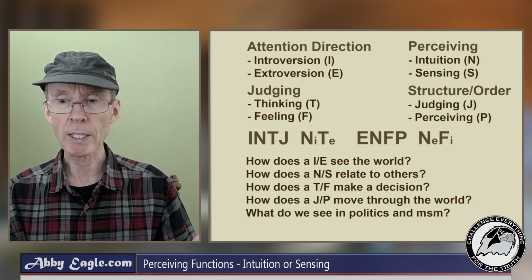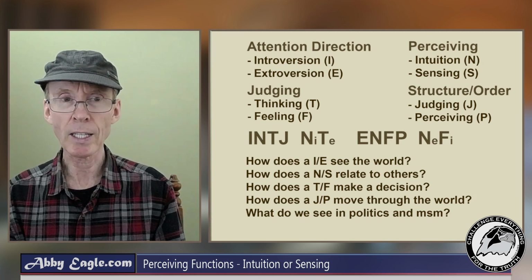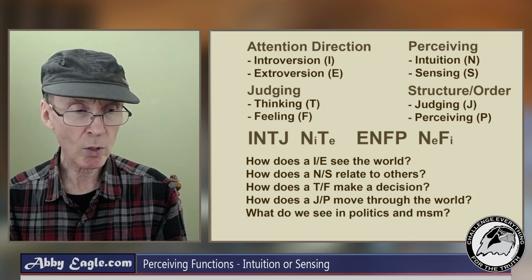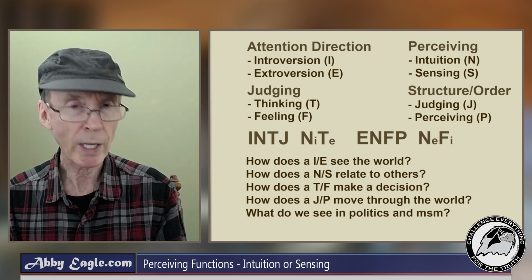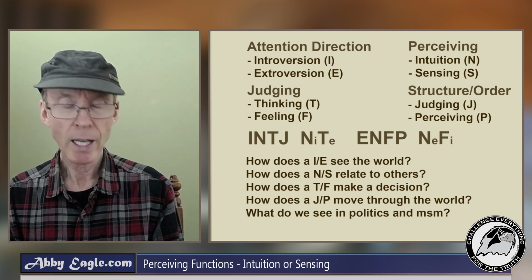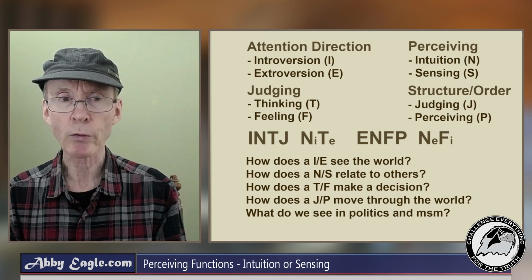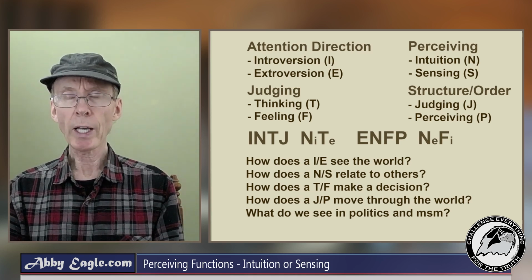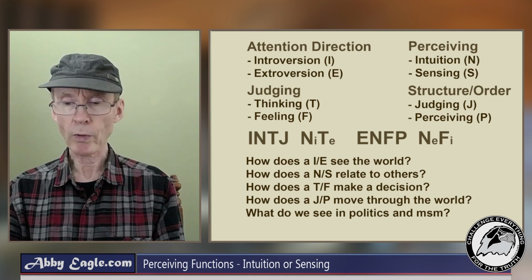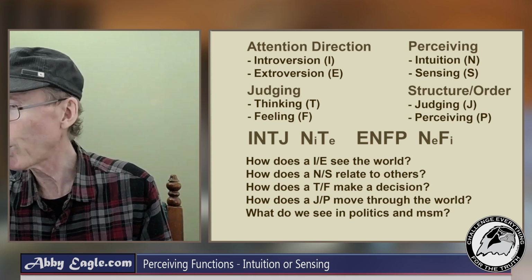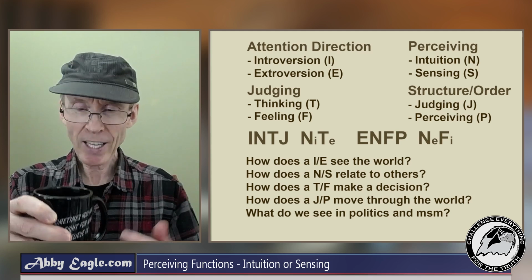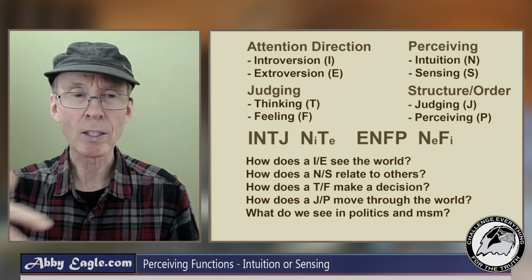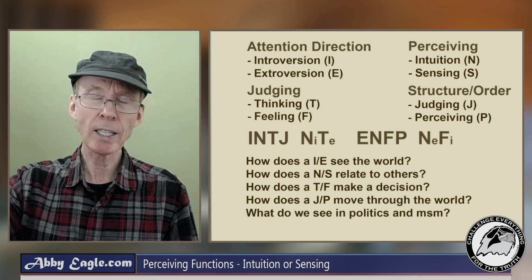Visual, auditory, kinesthetic, olfactory, gustatory, right? So a sensor, a person who uses sensing, will just see what's actually in front of them. Whereas an intuitor will look at what's in front of them, and then abstract up from that to concepts and ideas.